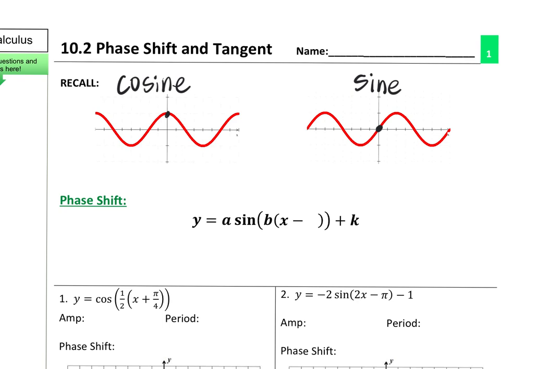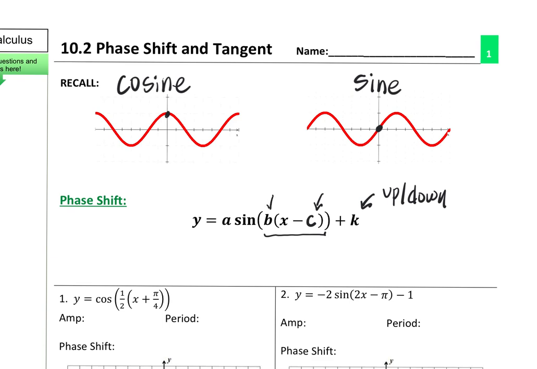Now, on our phase shift, the thing that's new is basically this portion. Whatever value is in here tells us how far we're moving it as a phase shift, on the x-axis. Remember, we already did K. I've seen it as D in some textbooks, but that tells us up, down, and we did that in the last lesson.